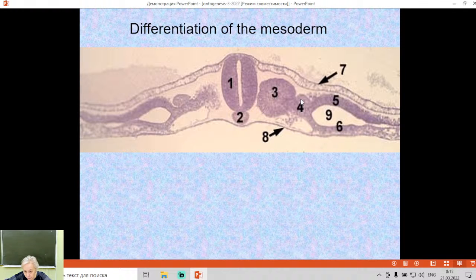Number 4, the intermediate part, is nephrogonotome. These cells will give rise to gonads and kidneys.